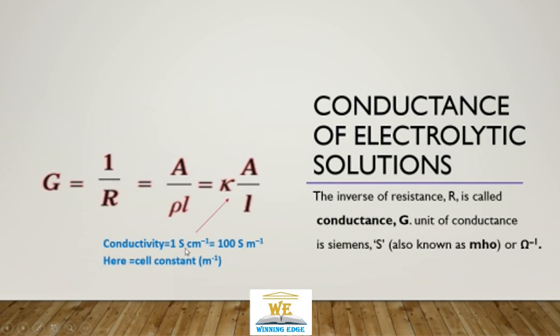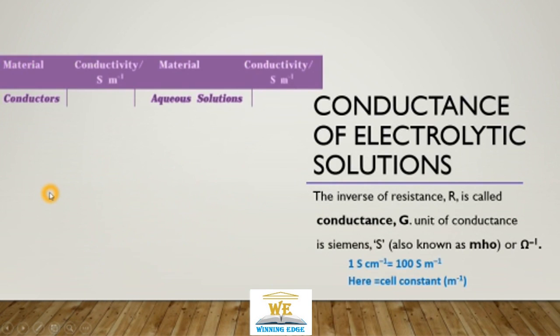So Siemens times inverse meter is the unit of conductivity. And here area per unit length is known as the cell constant. So conductance will be equal to cell constant into conductivity.